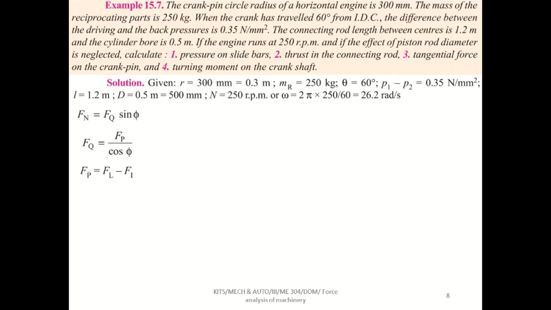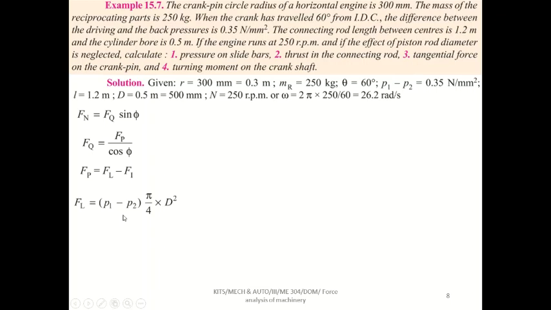Fi is the inertia force, and Fl is the force due to the net load. Fl equal to P1 minus P2 into pi by 4 into d square, where P1 minus P2 is given. It is the difference between the driving and the back pressure, that is 0.35 Newton per mm square.